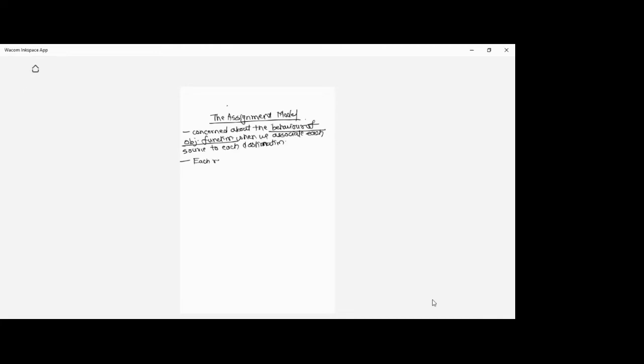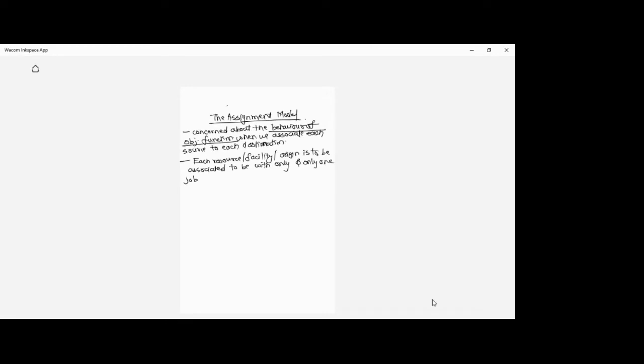So each resource or a facility or an origin is to be associated with only and only one job, right? So each of the resource or a facility or an origin is to be particularly associated with only one job.